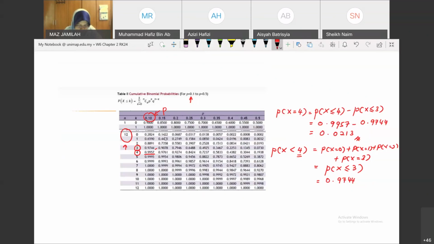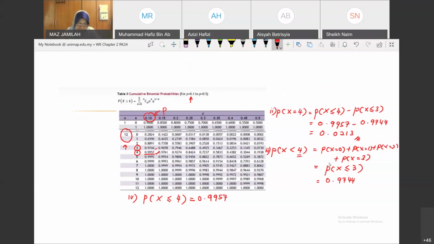Question number 2. This one is number 3. Now, at most 4. At most 4, directly from your table, it will be 0.9957.